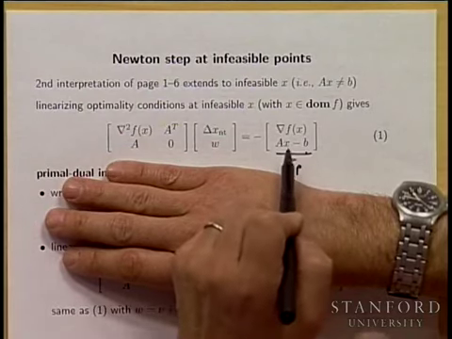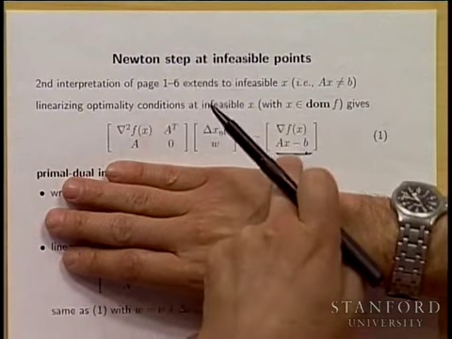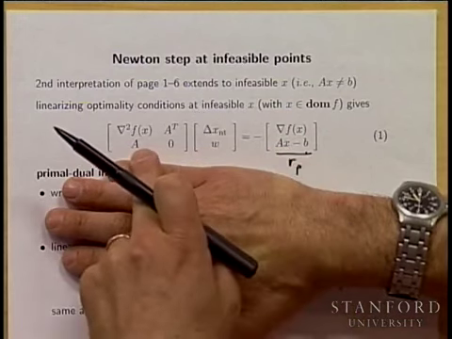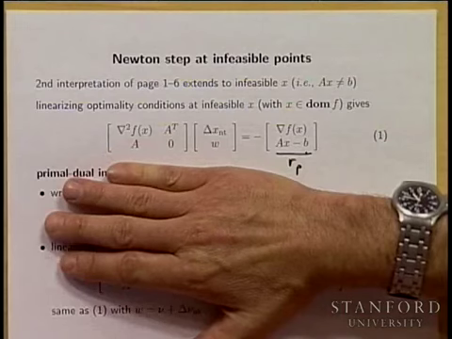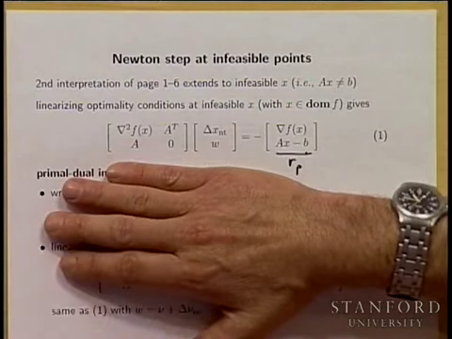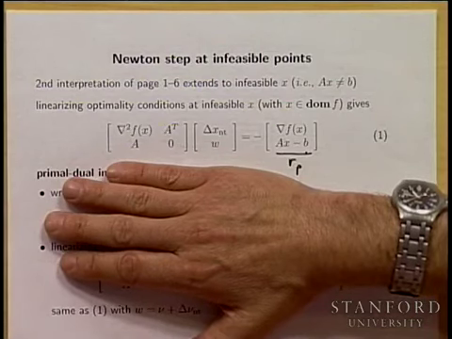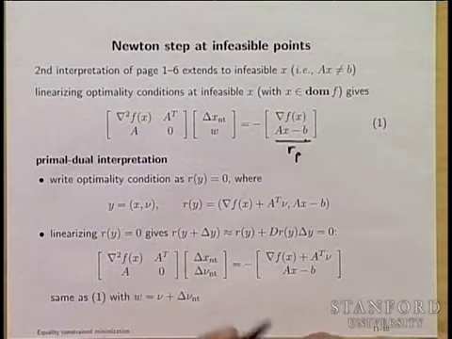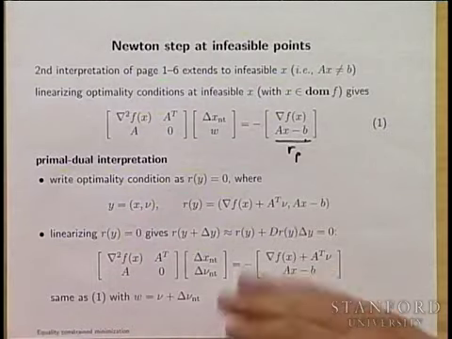But if you're not feasible, this second part down here, which is 0 when you're feasible, actually contributes to your direction, and it points you towards feasibility. In fact, it points you to a point where if you took a step of 1, you would be feasible. So I think we'll continue this from here next time.